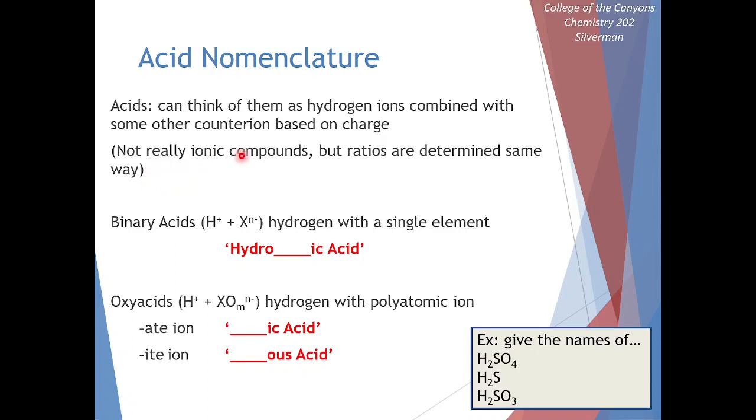And so even though these are not really ionic compounds, the chemical ratios are going to be dictated by the charges. And so all we need to know is what is combining with our hydrogen. Is it some element as an ion? This is called a binary acid. Our naming rule is hydro-root-ic acid. Here H2S is binary. We can call this hydrosulfuric acid.